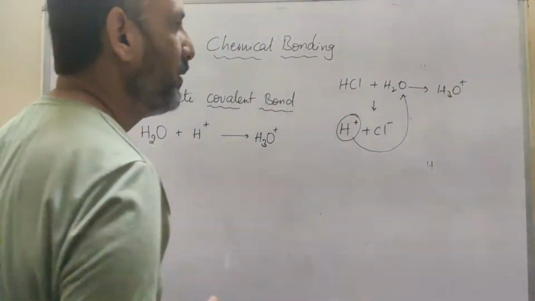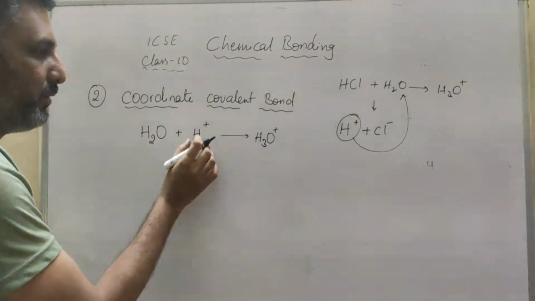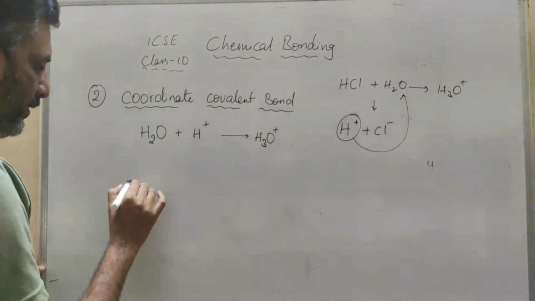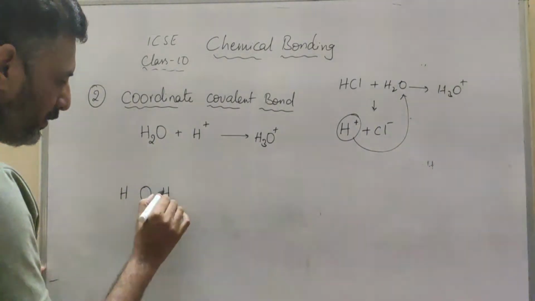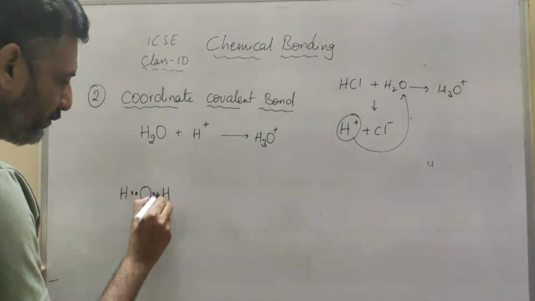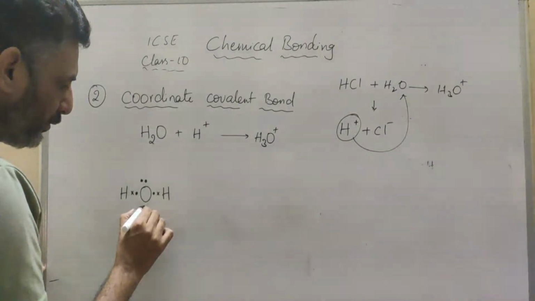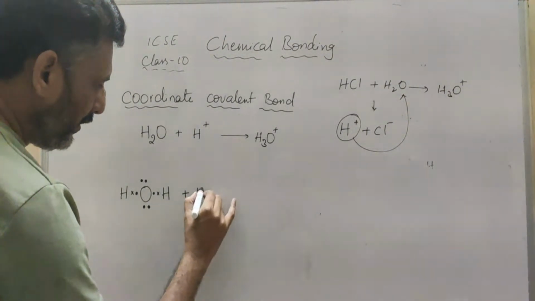So let's see how this H2O combines with H plus. Now let's write the electron dot diagram for the water molecule. Oxygen contributes 2 electrons with 2 hydrogens to form 2 bonds, and oxygen is left with 2 lone pairs of electrons, plus the hydrogen ion.